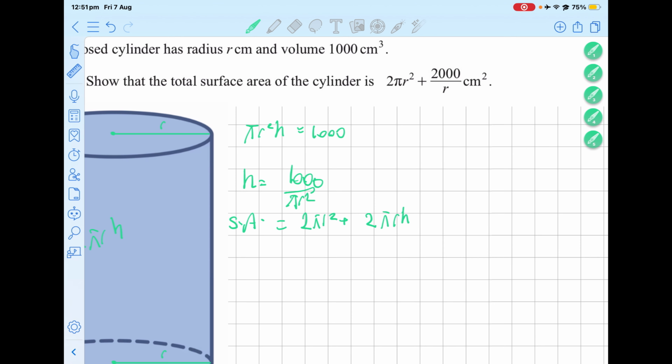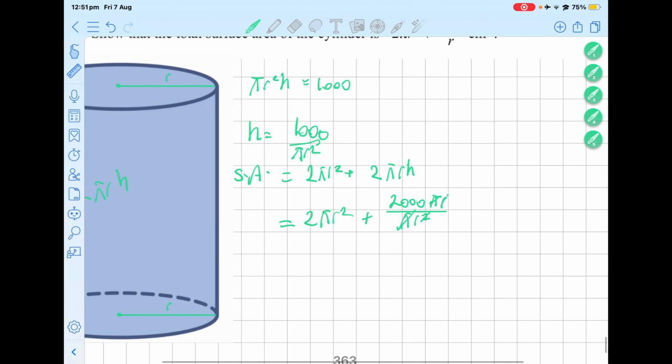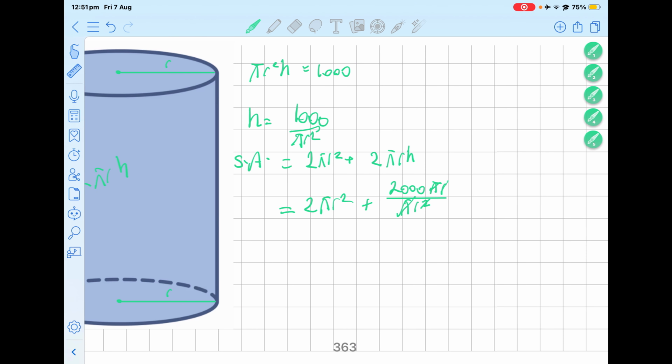So you can already see 2 pi r squared, and then you just need to put in the values. 2 times 1000 is 2000, so it's 2000 pi over pi r squared. The pi cancels out, and r over r squared is 1 over r. So that's why you get 2 pi r squared plus 2000 over r.